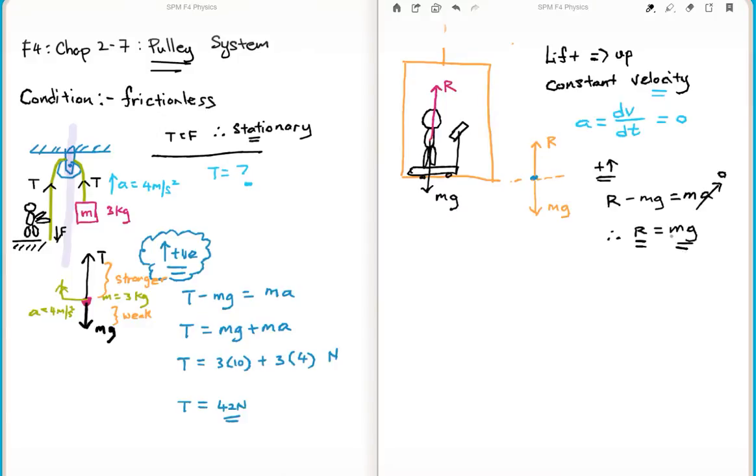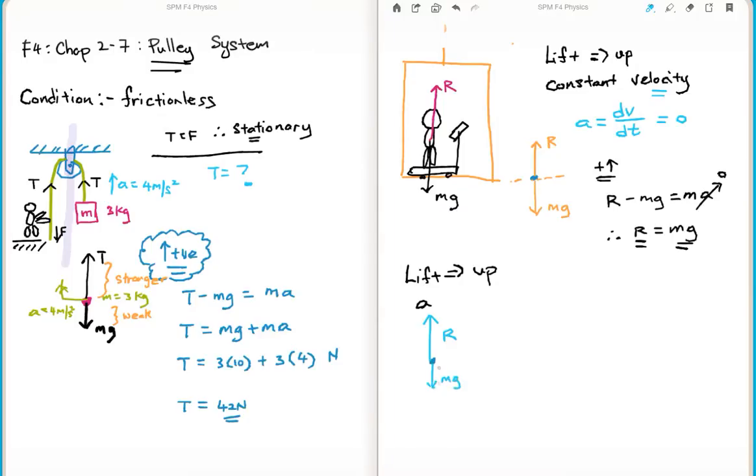Okay. Now what happened? For the same scenario, now when the lift goes up again, goes up with acceleration. Okay, so if you draw it, first sketch a free body diagram. If it says goes up, normally the force R should be longer, then mg should be shorter.